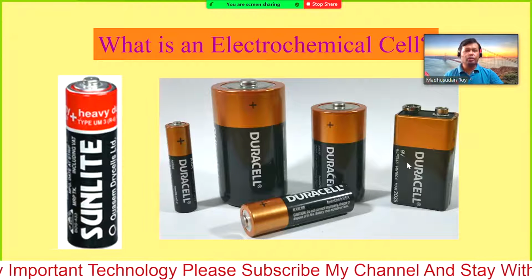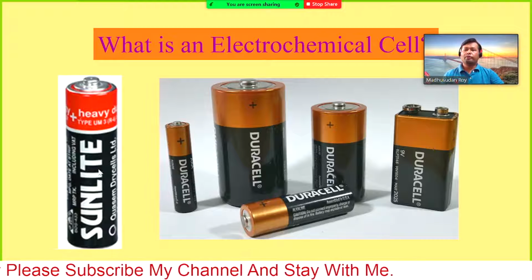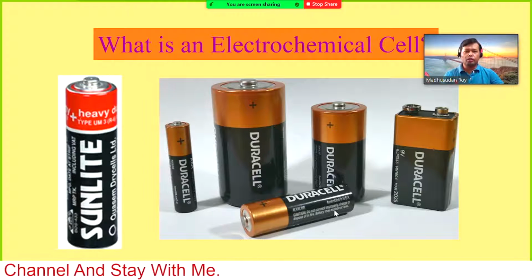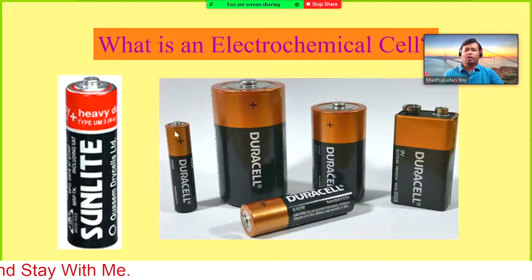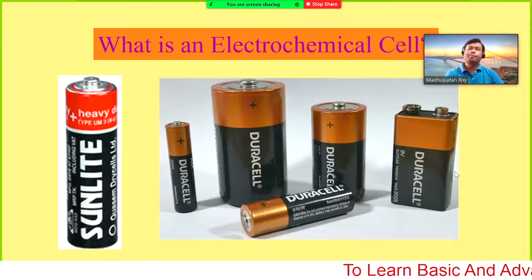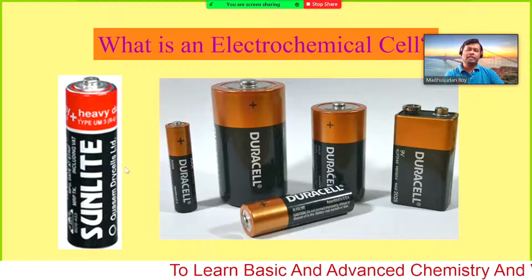This can give you 9 volt. This is very powerful. This one should be 1.5, or this one should be 1.5, but that can be a little bit more, 4.5 or 5, something like this. Anyway, those are the examples of electrochemical cells.